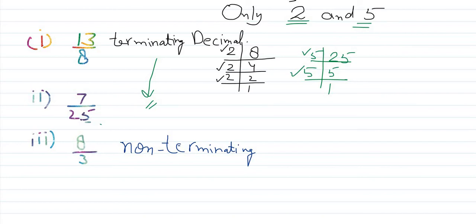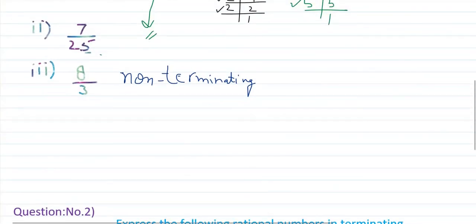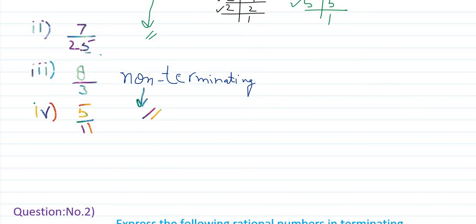Now I am solving part number 4, which is 5/11. In the denominator there is not 2 or 5, that's why it is also non-terminating.